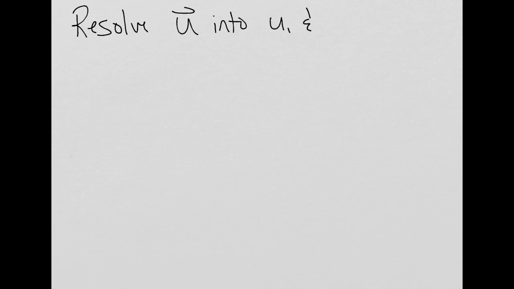Now, sometimes this is all we need, but there is one last thing that we might want, and it is to do what's called resolve u into two other vectors, u1 and u2.